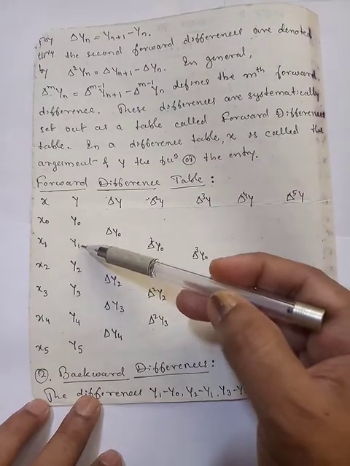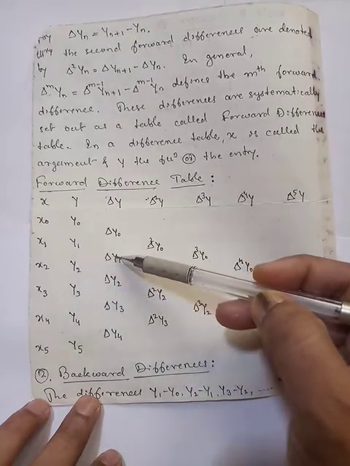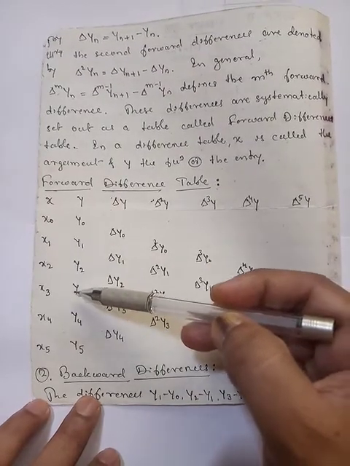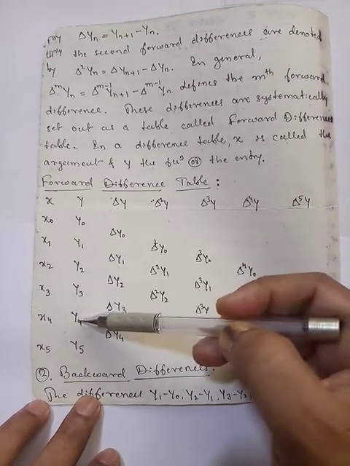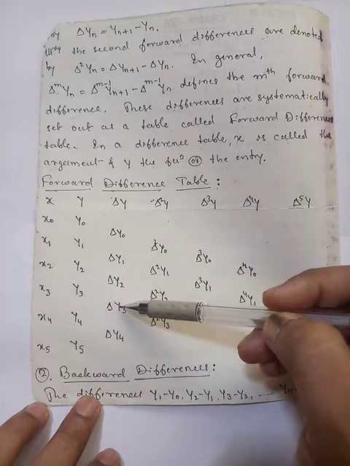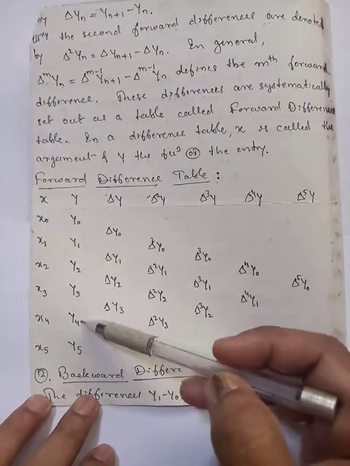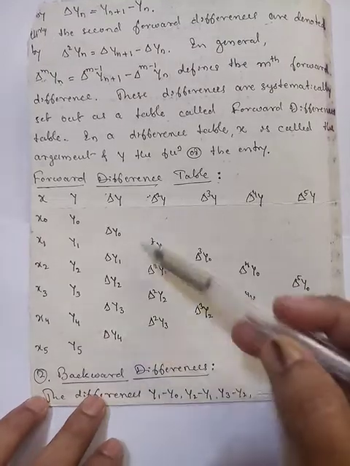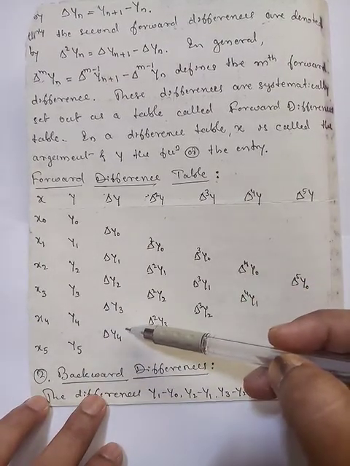Then y2 minus y1 we write in the middle as delta y1. Then y3 minus y2 as delta y2, y4 minus y3 as delta y3, and y5 minus y4 as delta y4. So these are the first forward differences.